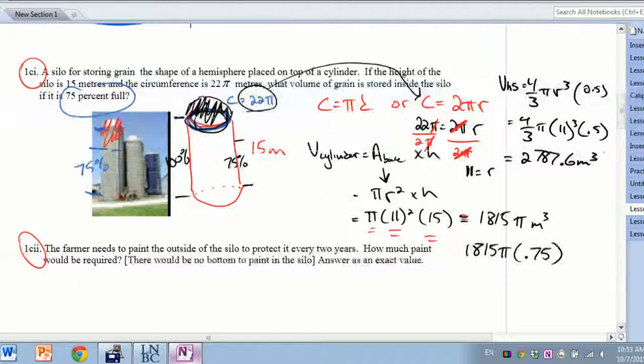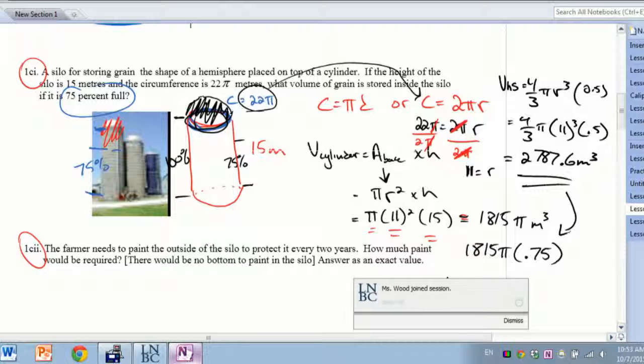I'll take that 1815 times by pi. And then I'm going to add that 2,787.6. So I get a total volume when I add this guy to this guy. I get a total volume of 8,489.